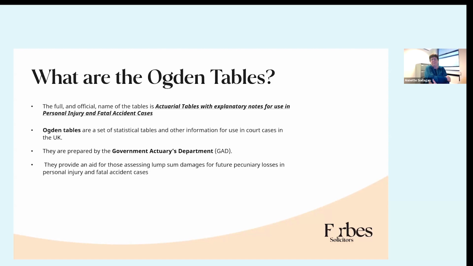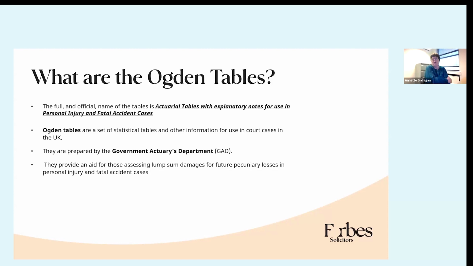But what they basically are is a load of tables that have been prepared by the government's actuary department, taking into account people's life expectancies, and you can use the figures when you are calculating lump sum damages for future pecuniary losses.